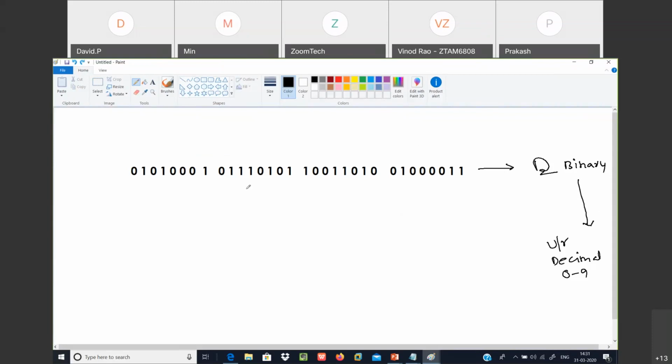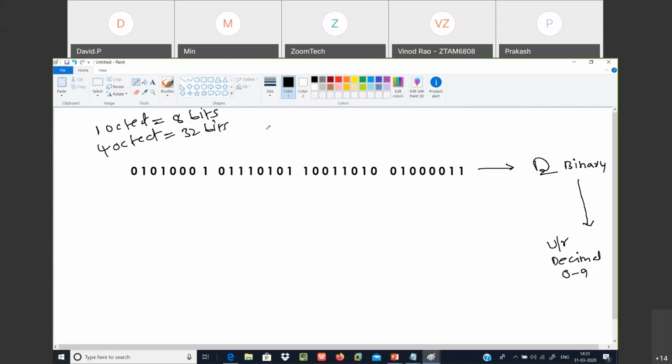Each portion technically we call an octet. One octet is equal to 8 bits. How many octets do we have here? 4 octets, and 4 octets is equal to 32 bits.